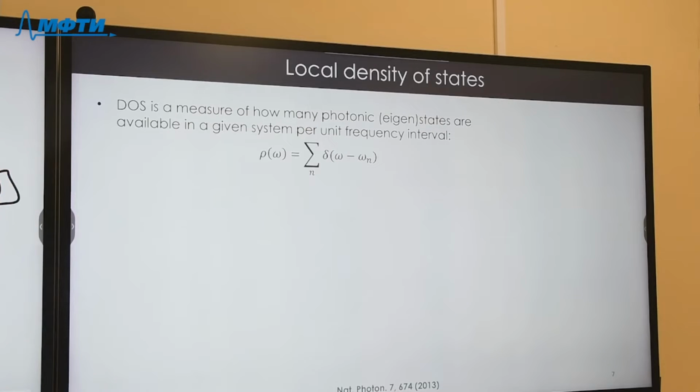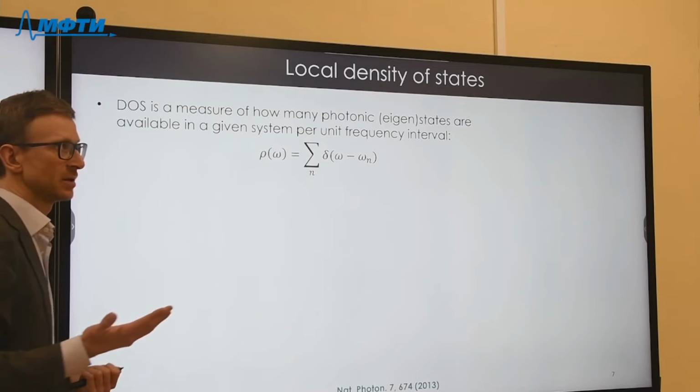Well, let us start with the usual density of states, not projected, not local, just density of states. And let us recall what it is. You might have come across this quantity already in quantum mechanics, in classical electromagnetics many times, and in thermodynamics too.